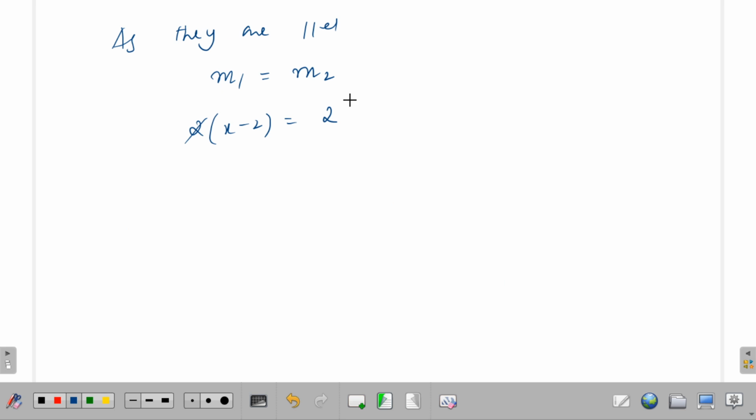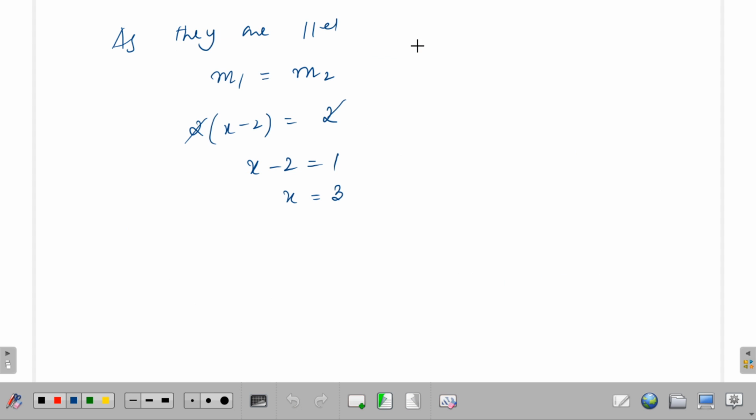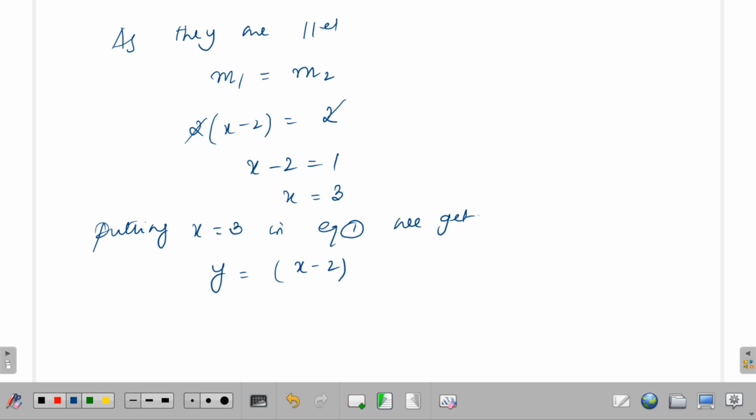So I can cancel your 2 and 2, so x minus 2 is equal to 1, so x is nothing more than your 3. So I got x because I have to find the point of the curve, so let me make this one to be equation number 1. So next step, I can say that putting x is equal to 3 in equation 1, we get y is equal to x minus 2 the whole thing square, which is 3 minus 2 the whole thing square, which is your 1 square, nothing more than 1.